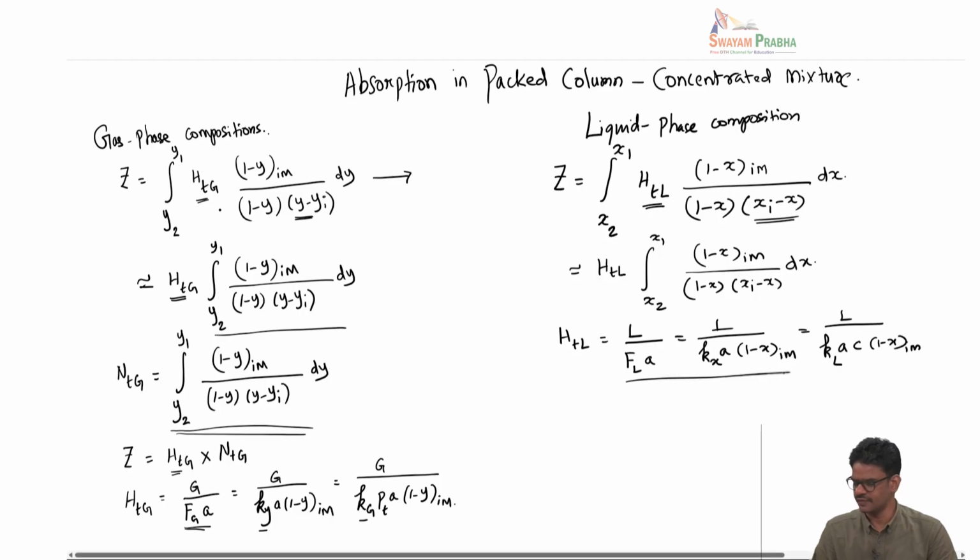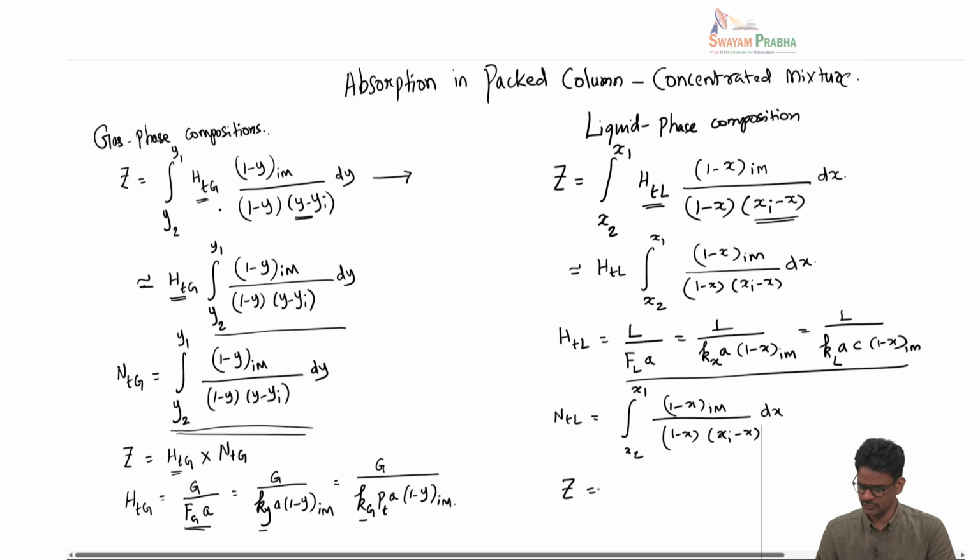So these are the conversion factors if you want to replace the F-type with the K-type mass transfer coefficients. And NTL will be the remaining term. So therefore the height of the column can be written as HTL times NTL.